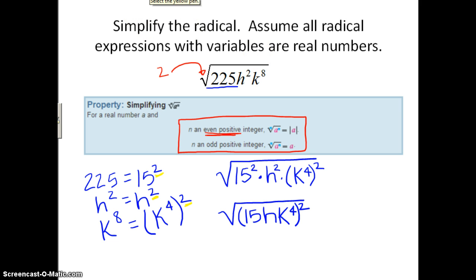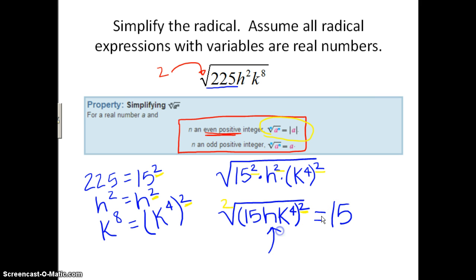Our product to a power rule tells us that we can put all the bases in a set of parentheses and raise them all to the second power. Notice our index is also a 2. So we are going to use this rule here, but we are going to need absolute value signs. I won't need the absolute value signs around the 15, because 15 is already positive.